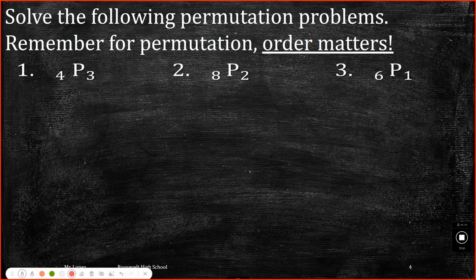Raise your hand if you already know the answer for 4 pick 3. You've got 4 people in this particular situation, and then we've got 3 slots. 4 times 3 times 2. 4 times 3, 12, times 2, 24. Yes or no? I'm giving you easy numbers so we can do this quickly.